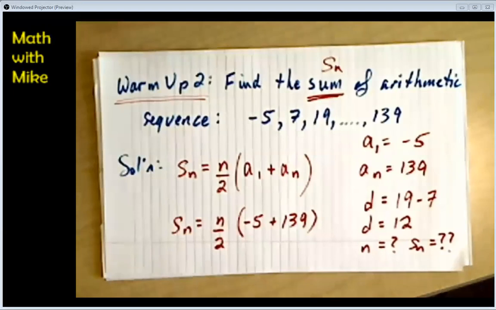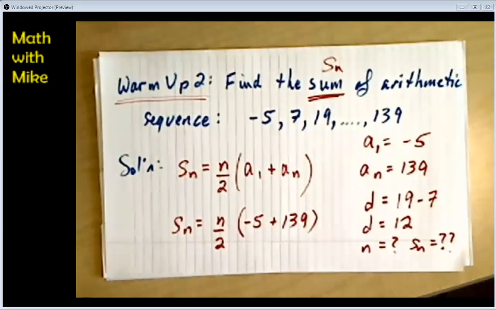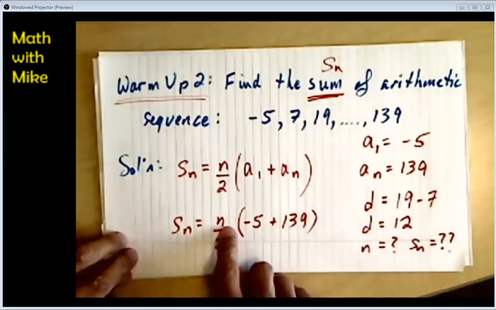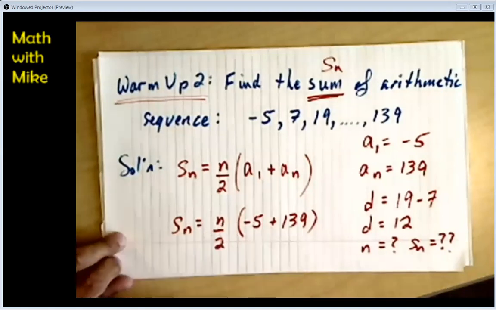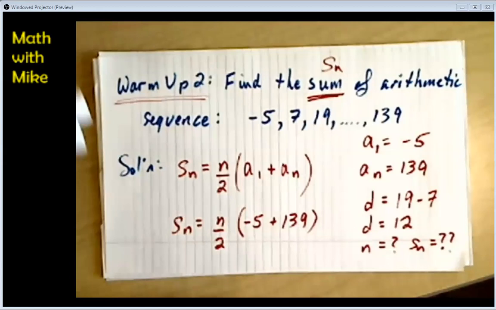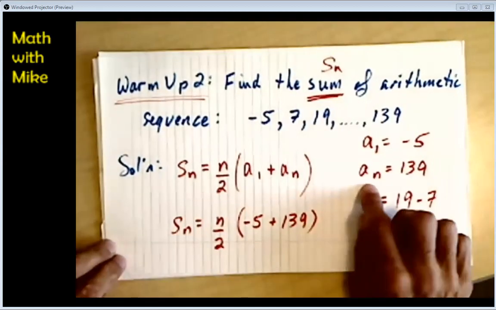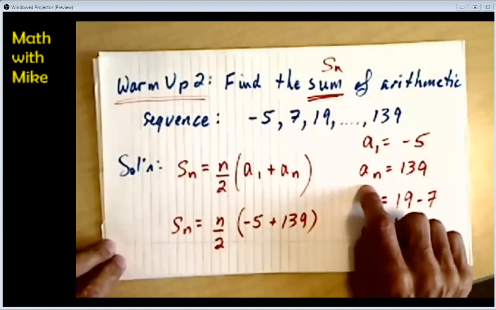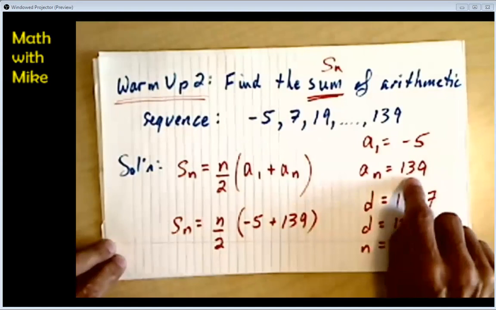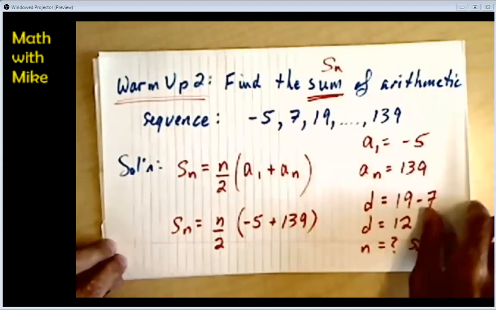So that means we have to do a little side work to figure out what n is in order to finish up the question. How can we do that? Well, we can use our other formula, our an type formula, because we know what that term is. We know the first one.